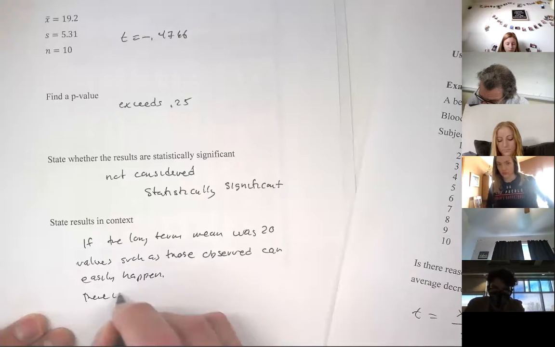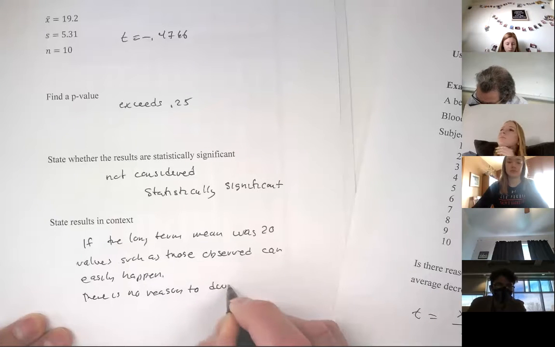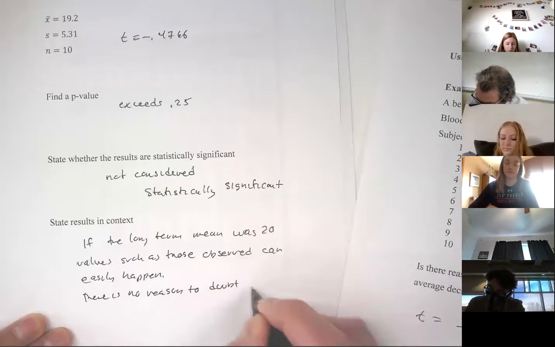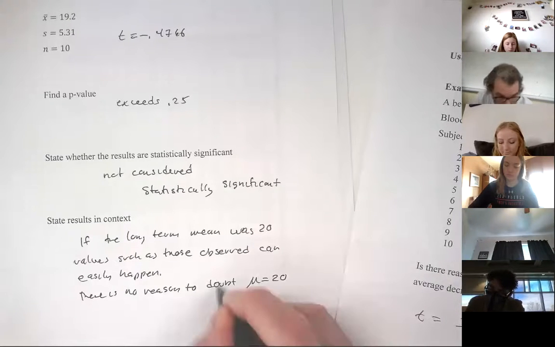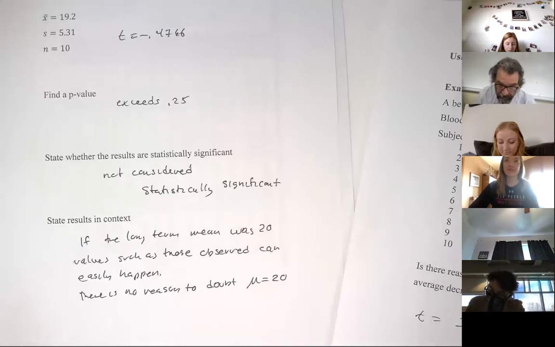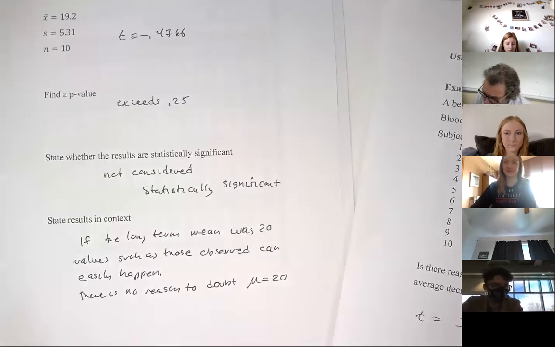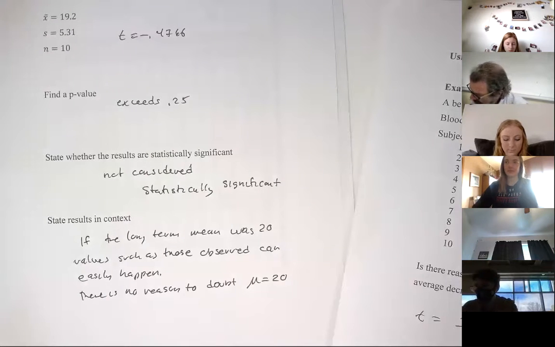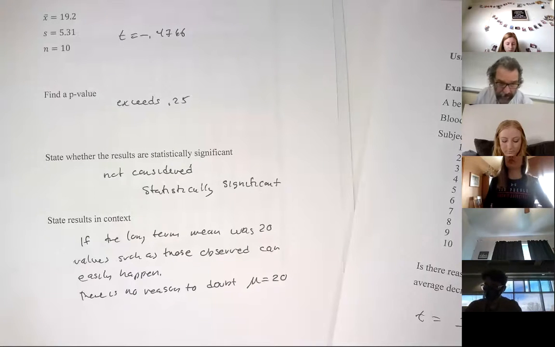There is no reason to doubt mu equals 20. So the p-value sort of gives you an idea of how likely it is to see values such as those observed. It's bigger than a quarter. So we see that kind of a deviation from 20. The x-bar was 19.2 pretty easily when the mean was 20. And so we can't see any reason to think the mean is less than 20.